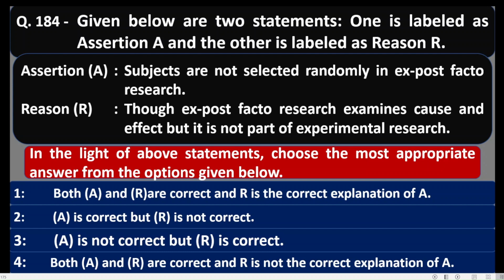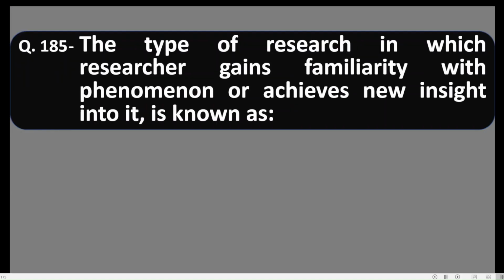It is true, it is not experimental research, but it examines, it checks the cause and effect relationship between independent and dependent variables. But it is not a reason of assertion A. So option number 4 is correct. Both A and R are correct, and R is not the correct explanation of A.